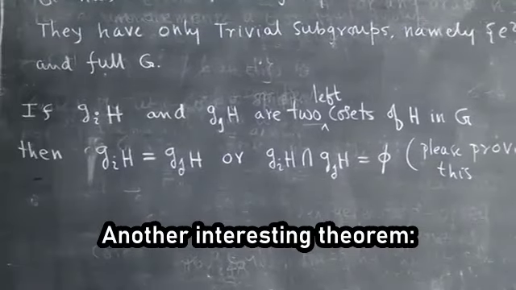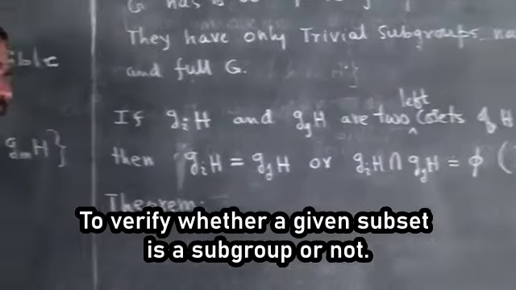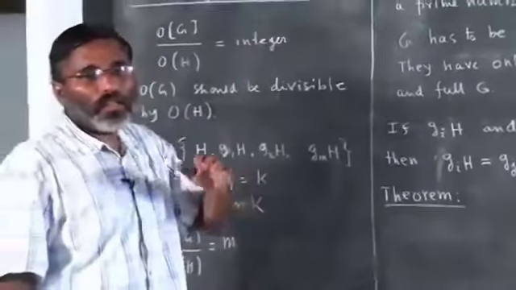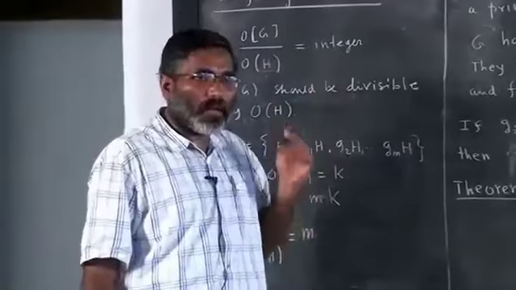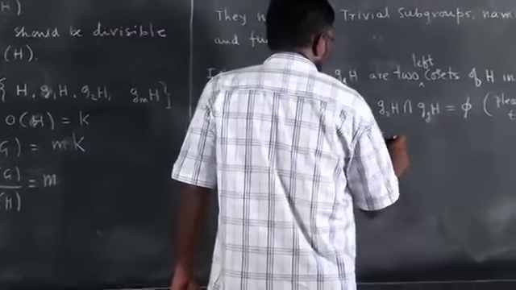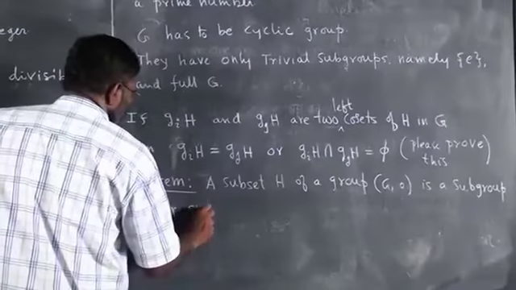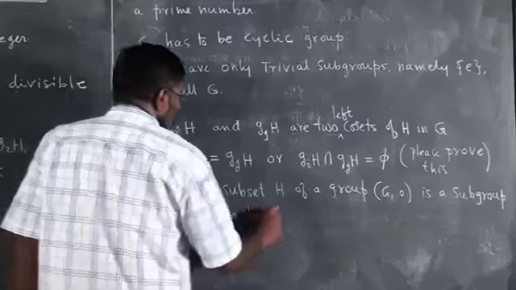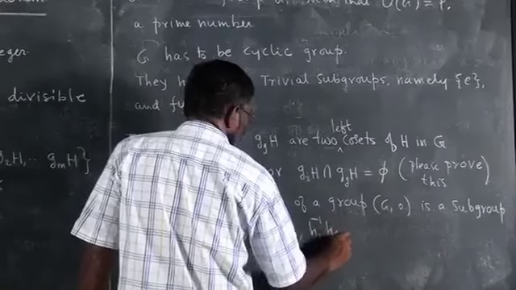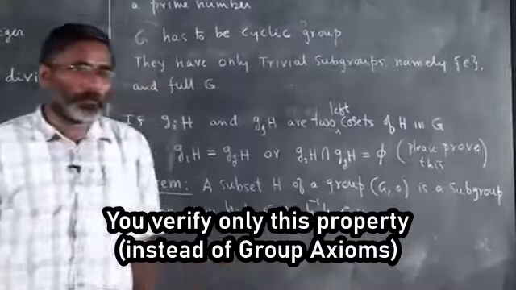Also, there is another interesting theorem which can be used to verify whether a given subset is a subgroup or not. Normally, you have to show that it is a group, which means you have to show that the elements of H also satisfy all 4 axioms. Okay? So, a subset H of a group is a subgroup if and only if for every hi, hj in H, hi inverse hj is also in H. So, you have to just verify this one property.